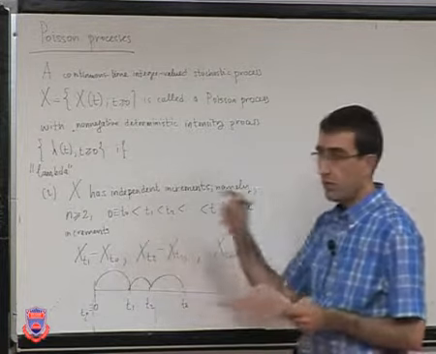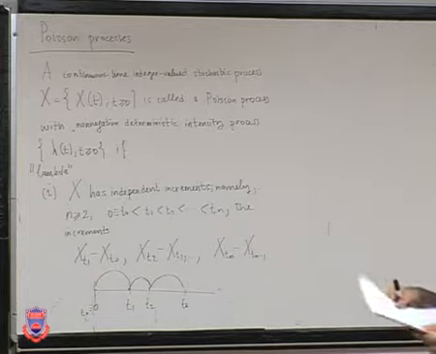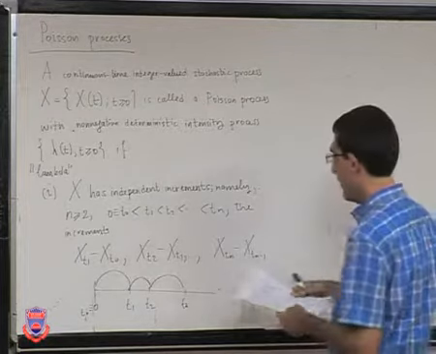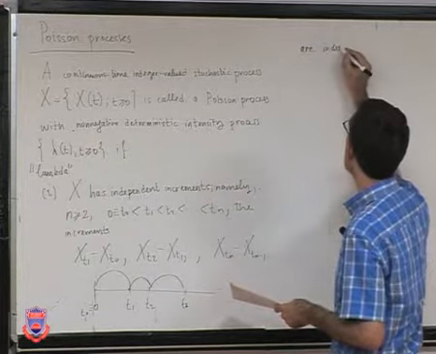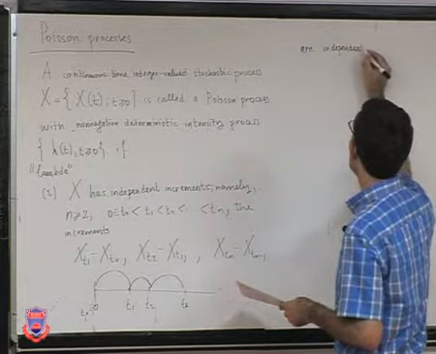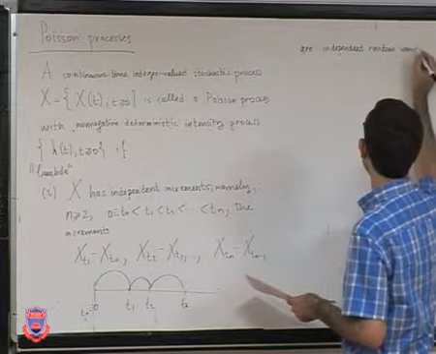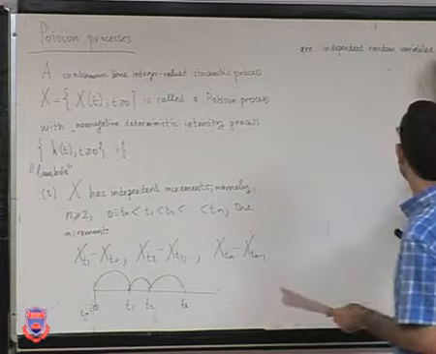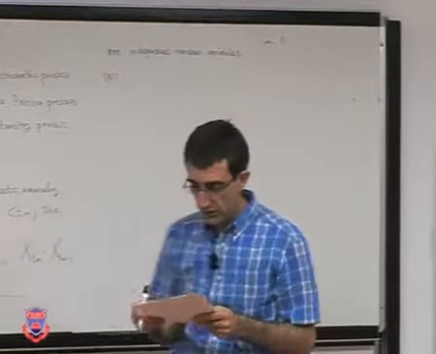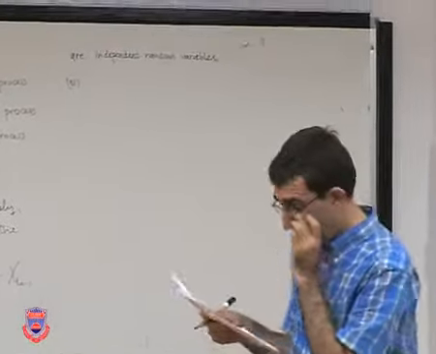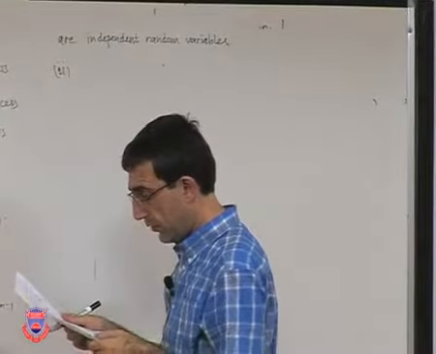And these are all supposed to be independent of each other for X to be called a Poisson process. So these are all independent random variables. But this is not enough. This is one of two conditions that we impose on a process for it to be a Poisson process.